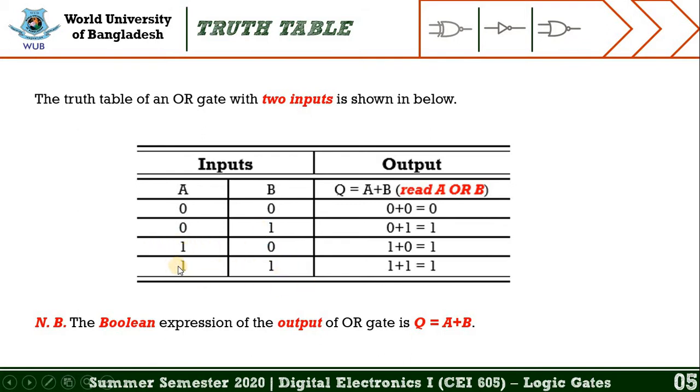In the output, when the inputs are 0 0, you get 0. When one input is 0 and the other is 1, you get 1, and vice versa, when one is 1 and the other is 0, you also get 1. And when both inputs are 1, which means A equals 1 and B equals 1, you also get the output 1.